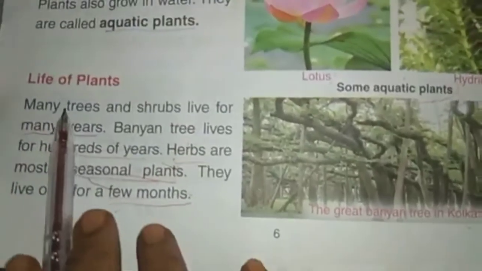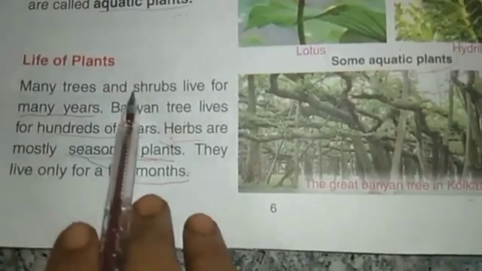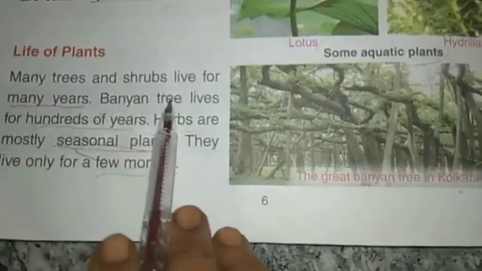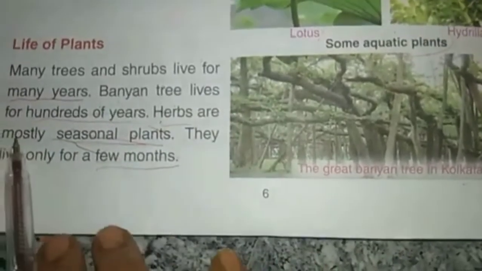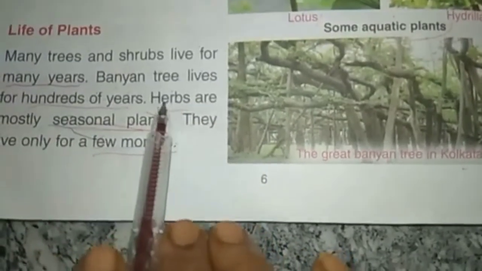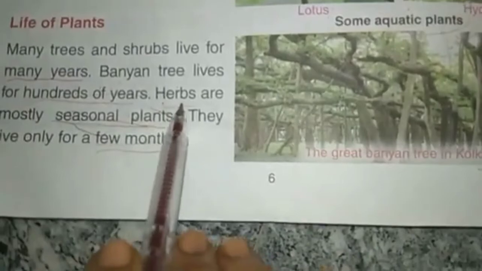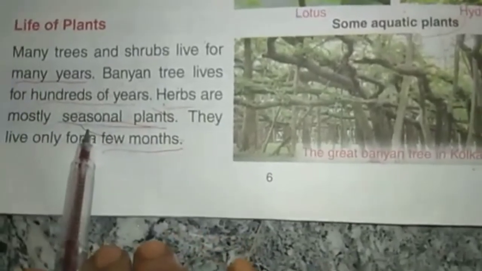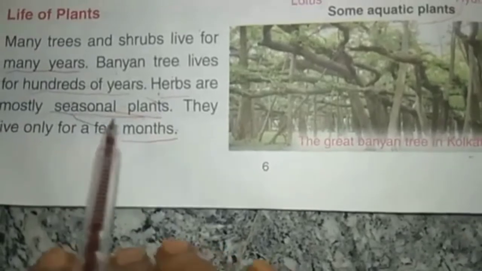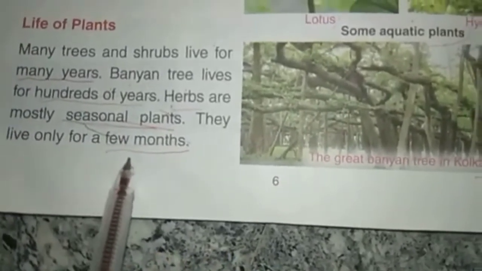So children, see again, life of plants. Many trees and shrubs live for many years. Banyan tree lives for hundreds of years. But herbs are mostly seasonal plants. So they live only for a few months. Trees and shrubs live many years, but herbs, the seasonal plants, live only for a few months.